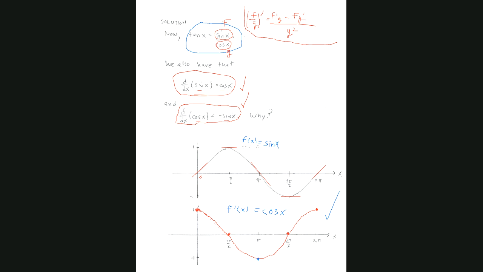We can do the same thing now for the derivative of the cosine. The derivative of the cosine is negative sine, apparently. So let's go to the next page. Are we good? Are there any questions? All right.